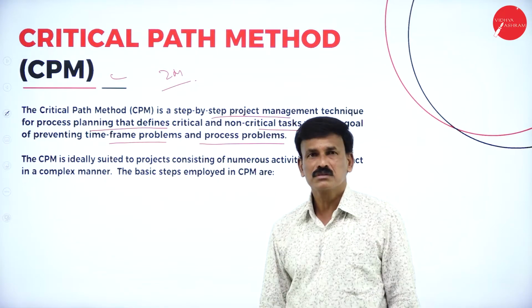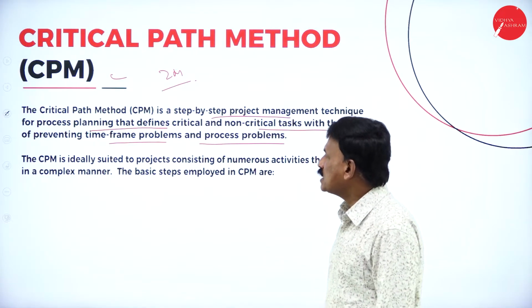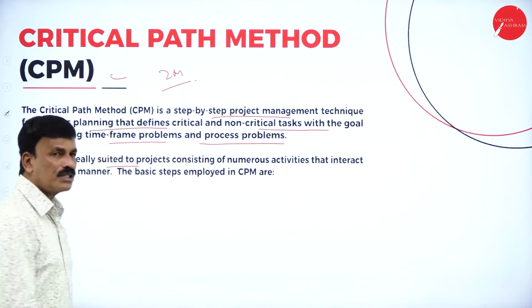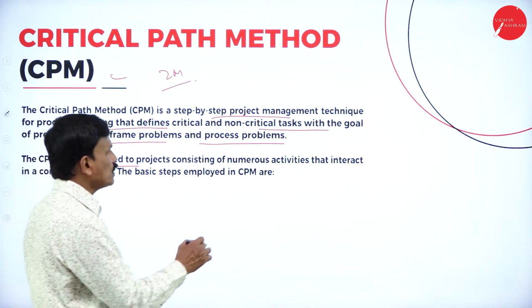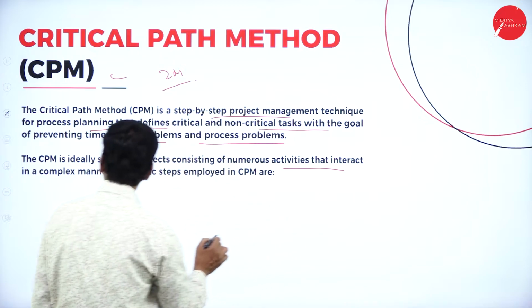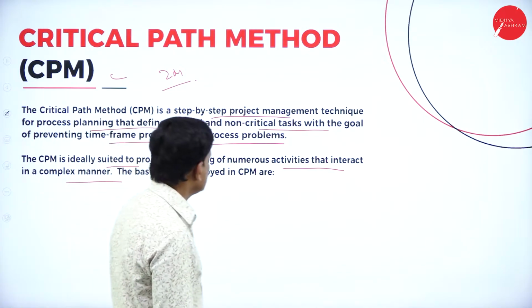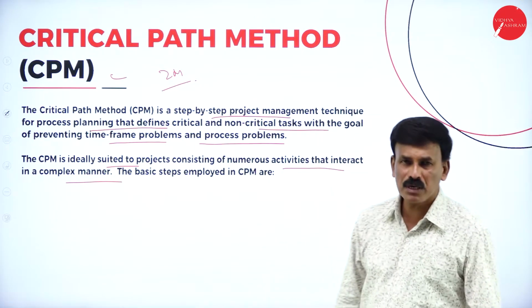Okay. Now, the CPM is ideally suited for projects consisting of numerous activities that interact in a complex manner. The basic steps involved in the CPM are, let me explain.